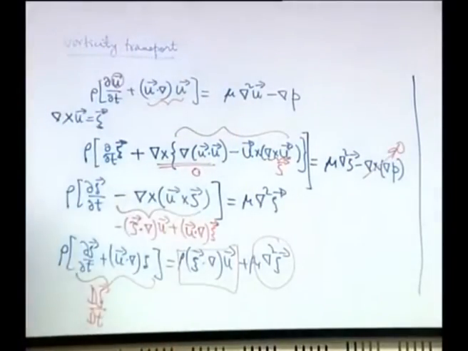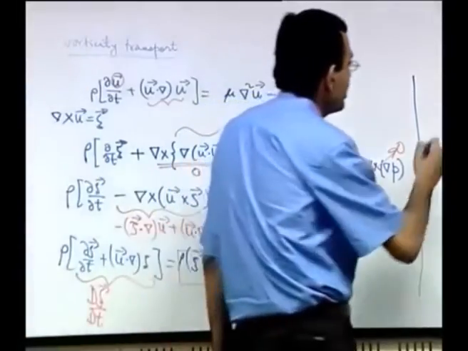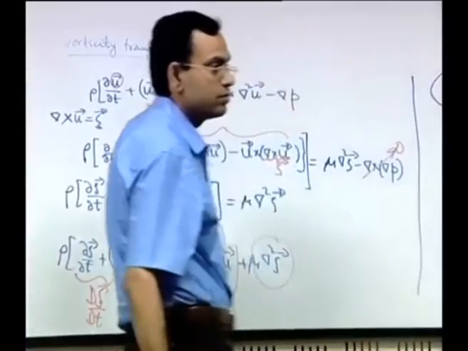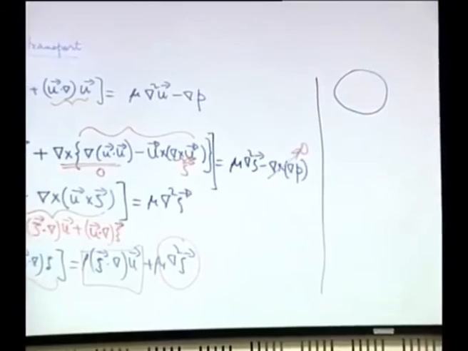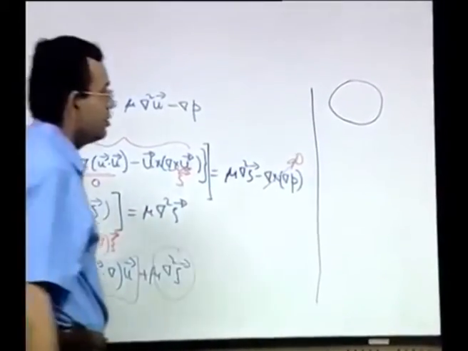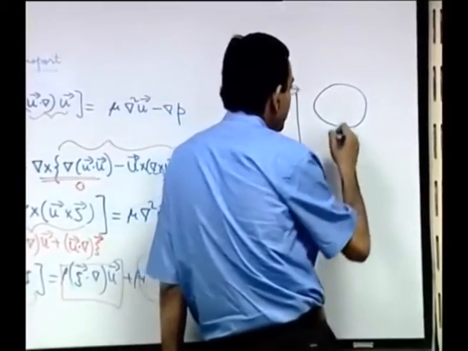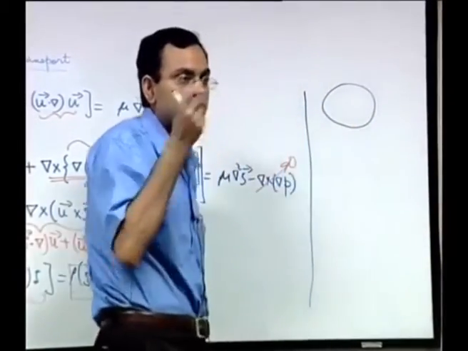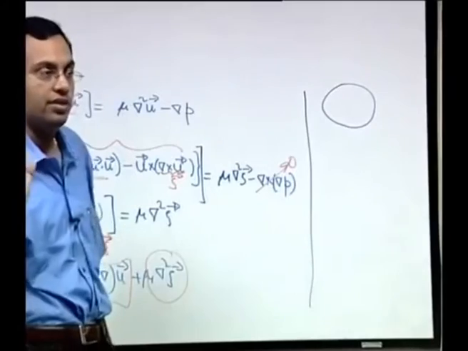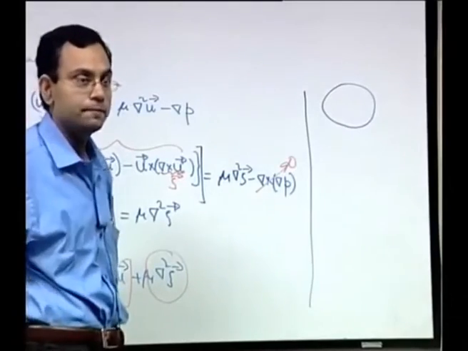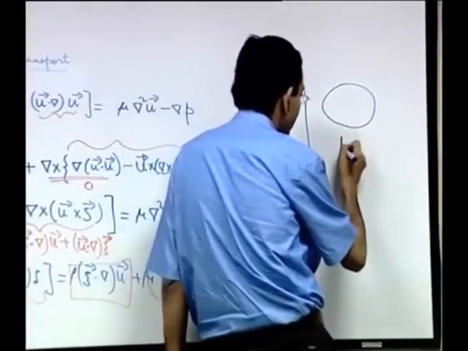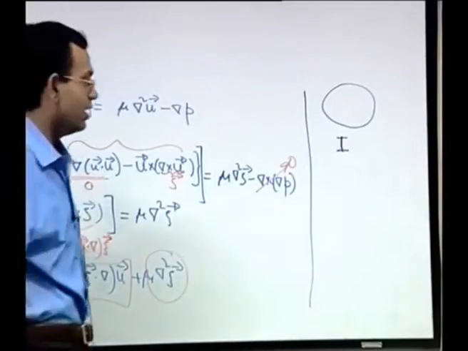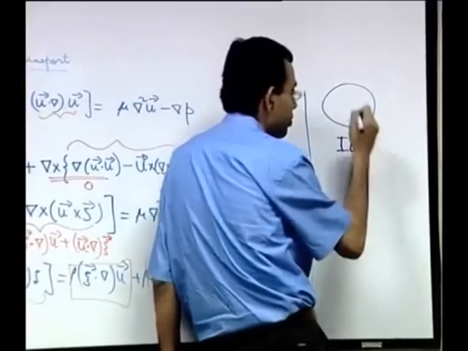Now, let us say that you have a large eddy in a turbulent flow. The eddy is a lump of fluid with certain rotationality, a rotating lump of fluid, to say in very simple language. So it will have its moment of inertia I and an angular velocity omega.